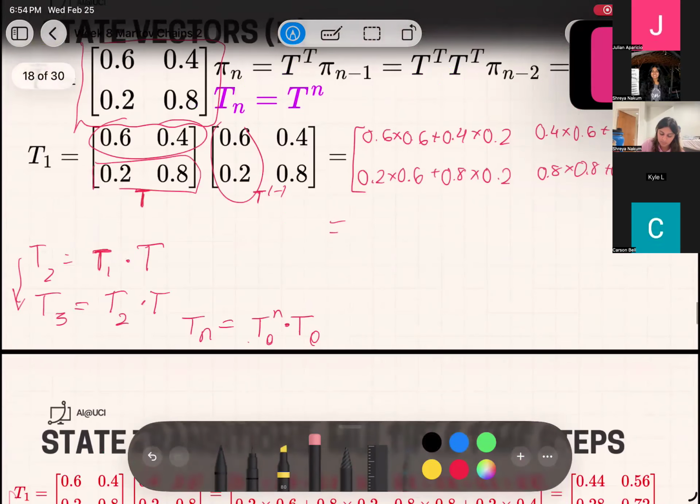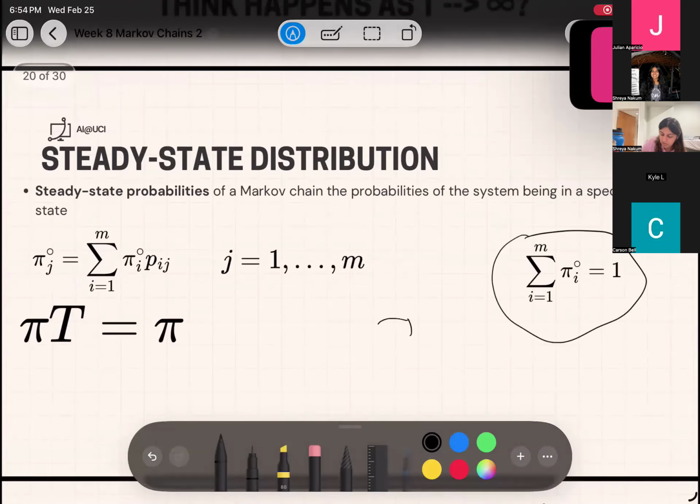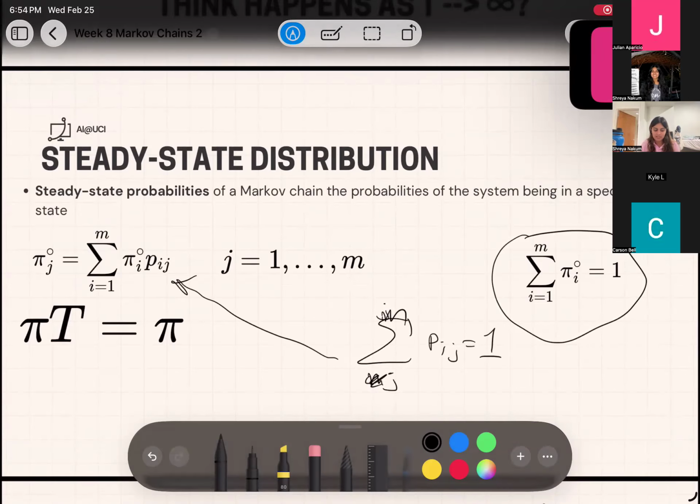I'll just write it out. We said that the probability, oops, that's wrong. That's the same thing that applies over here. It's the same exact thing.